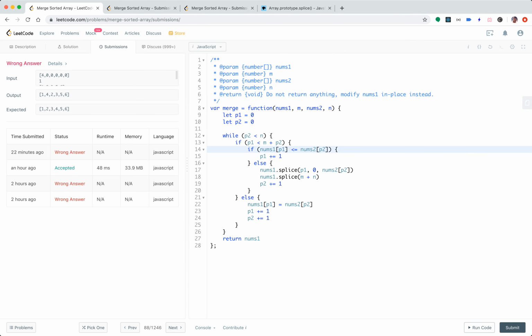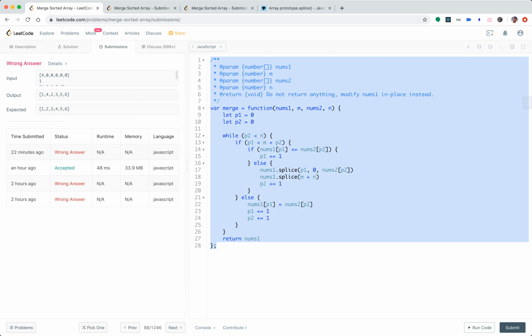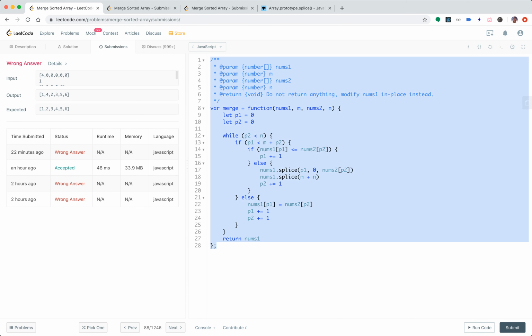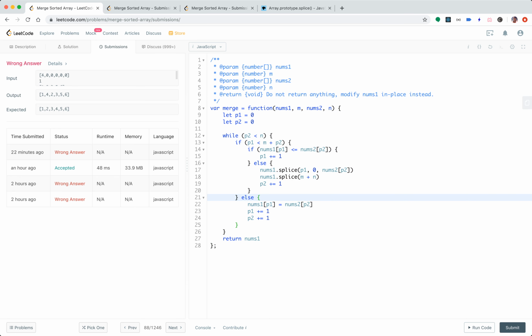Okay, so we've got two pointers, while P2 isn't finished. Oh yeah, this I have to write again, right? Allow me to write it again.